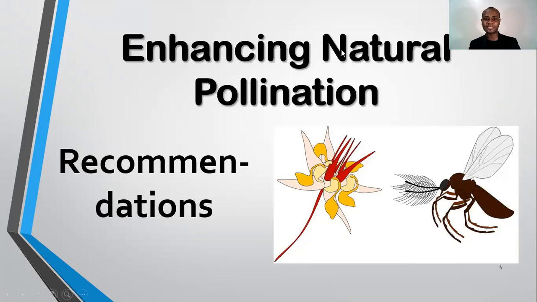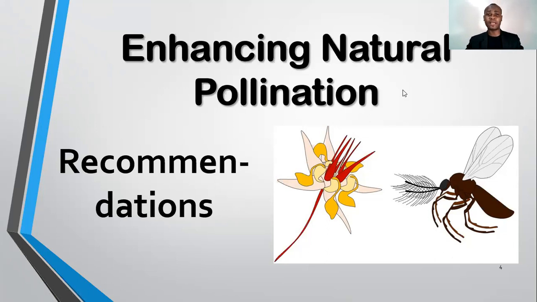So how do we enhance natural pollination on the farm? Most people are not able to do artificial pollination, which means they have to depend on natural pollination. Earlier on, I mentioned some of the ways you can enhance the reproduction of the midges on the farm.